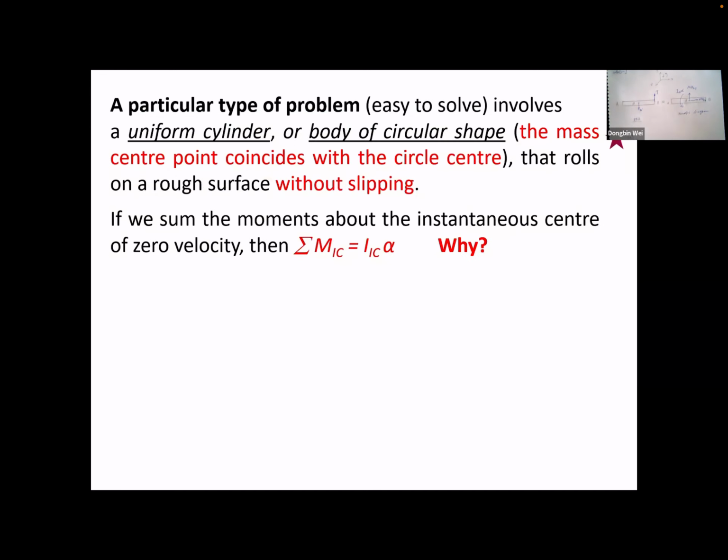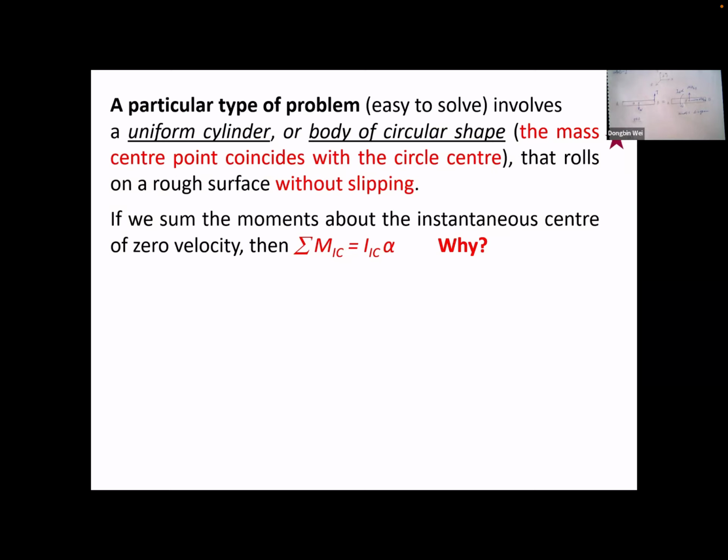Okay, so next we will study another kind of problem, the so-called particular type of problem, and this kind of problem will be easier for us to solve.